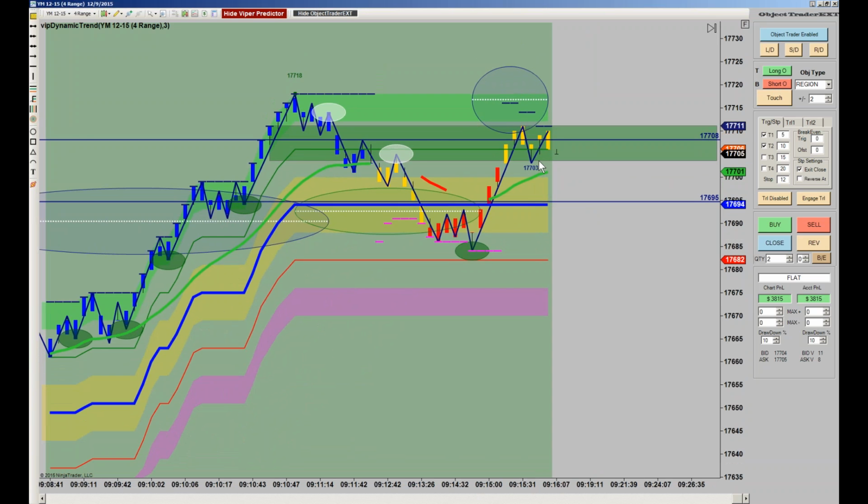You want to try to get down to mid-band on this thing. If it breaks this little swing right here, you can wait for the close if you want. Absolutely. Let's just do it with a close.